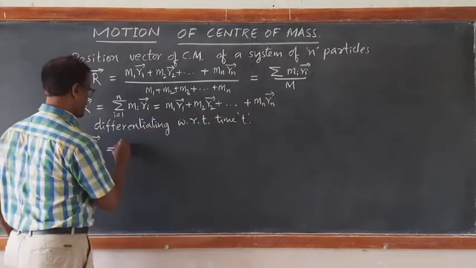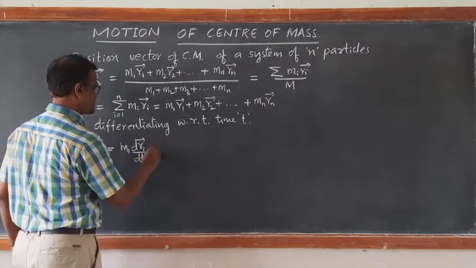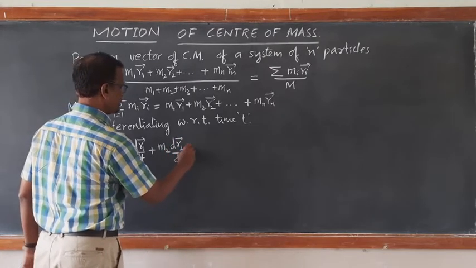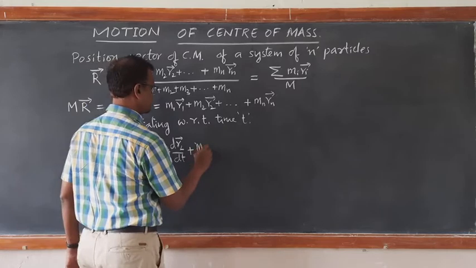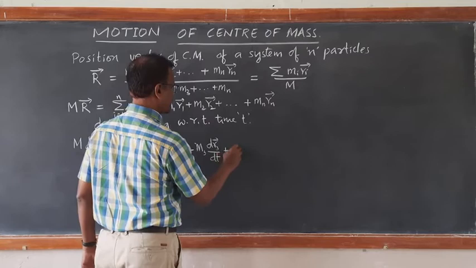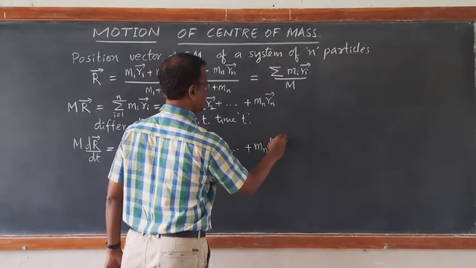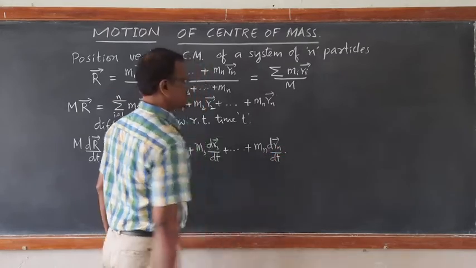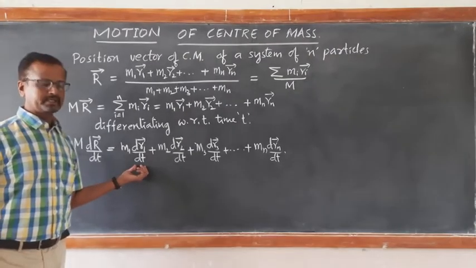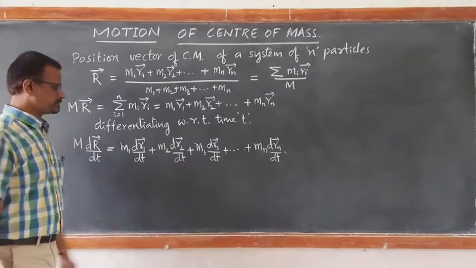Differentiating these terms gives m1 dr1 by dt plus m2 dr2 vector by dt plus m3 dr3 by dt and so on up to nth particle mn drn by dt, where dr1 by dt is the velocity of first particle, dr2 by dt is the velocity of second particle and so on.